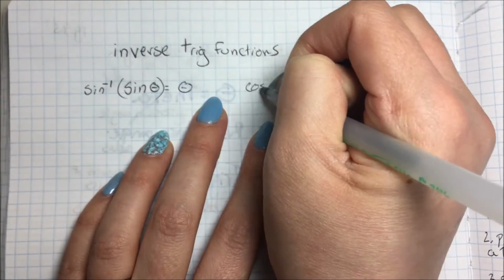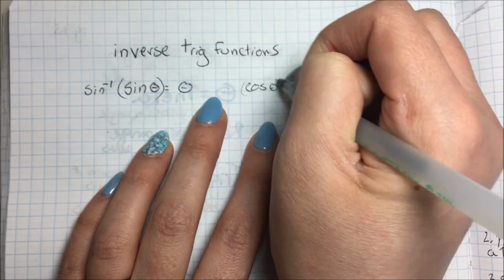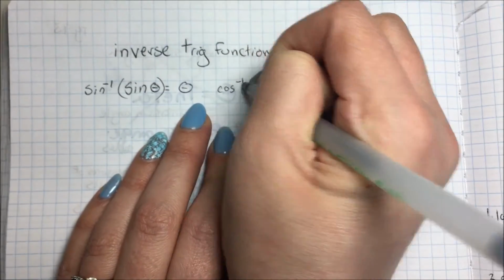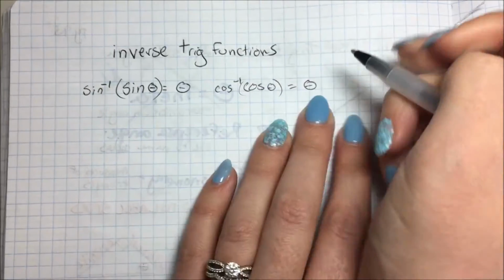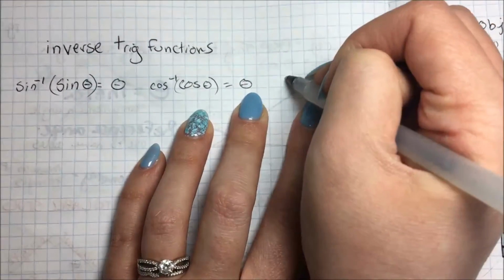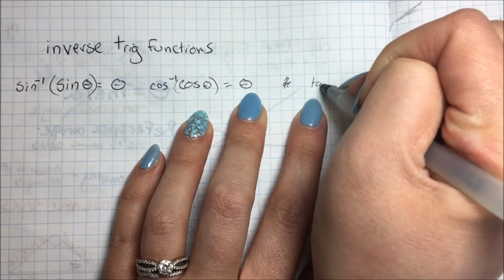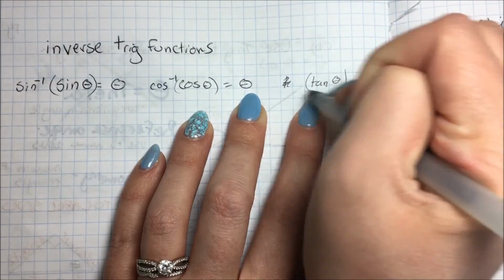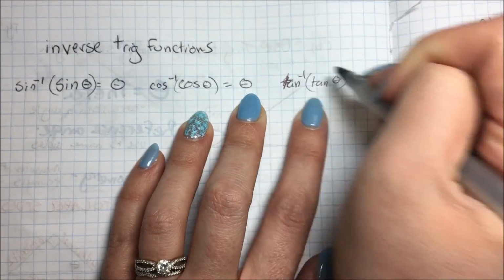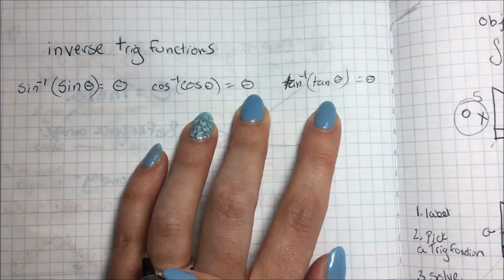Similarly, if I wanted to find theta from the cosine of theta, I would take the cosine -1 and just get theta. And if I wanted to find theta in tangent, I do tangent -1, and that would just leave me with theta.